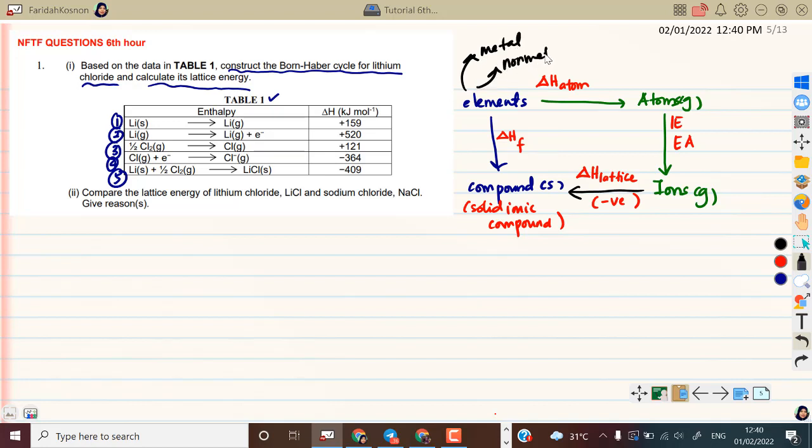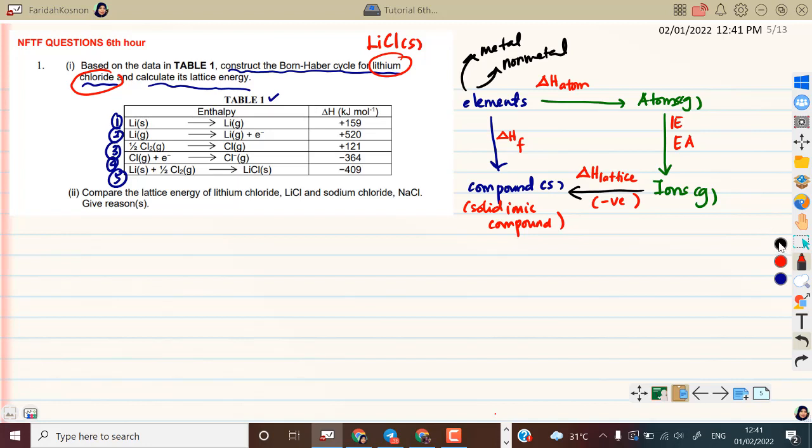Okay, so in this case, dalam soalan ini, kita nak construct Born-Haber cycle bagi lithium chloride. So, dia tak berikan awak dia punya chemical formula. Sebagai pelajar yang belajar kimia, memang kena tahu. So, the chemical formula for lithium chloride is LiCl, and it is in solid state. Okay, so we go through each question.